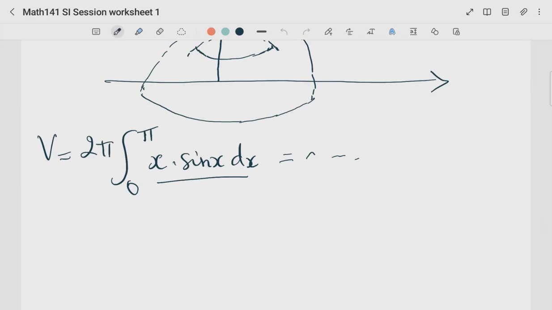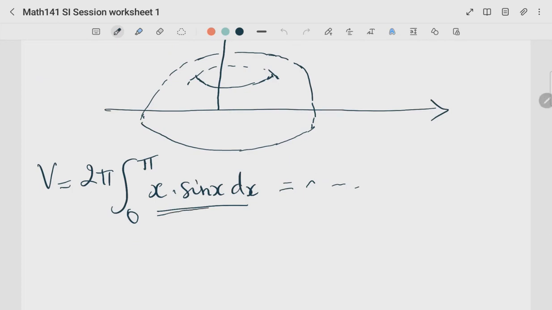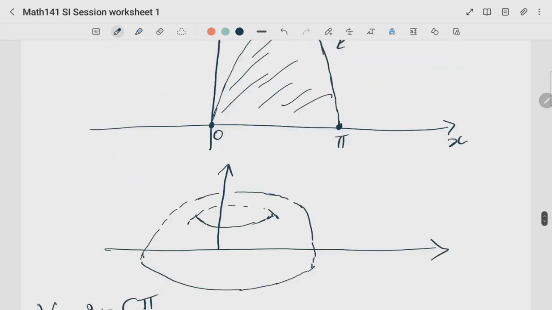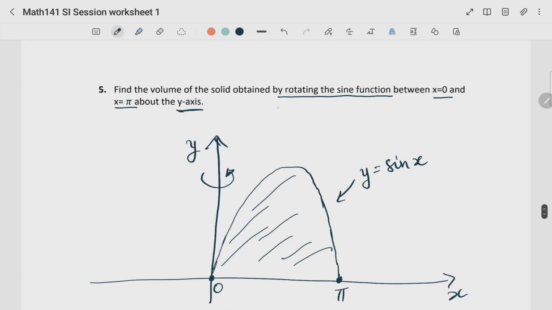So I stopped here yesterday because this particular problem was asking us to find the volume of the solid that is obtained when the sine function is rotated around the y-axis, and that sine function is defined between 0 and pi, right?